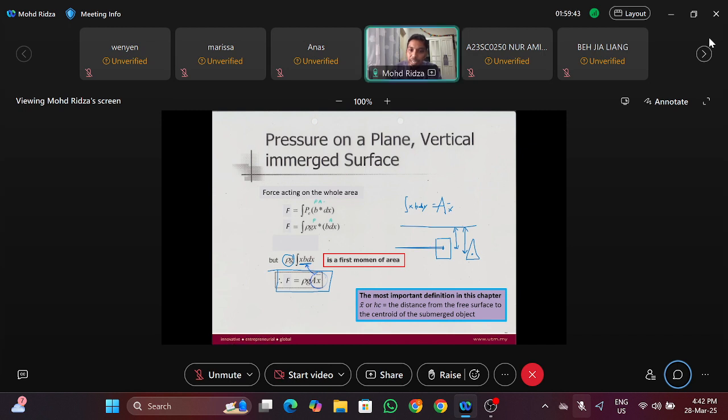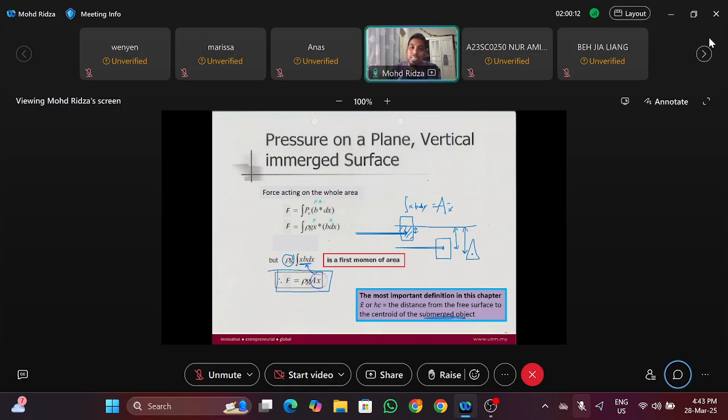Again, if I have a partially submerged object, not wholly submerged, I have to look only at the submerged part. Find the centroid. If it's a square, the centroid is in the middle. So what is my x bar? From the free surface to the centroid. Just look at the submerged part.